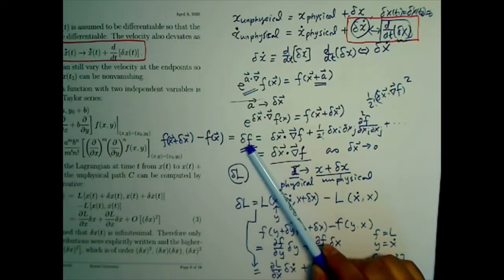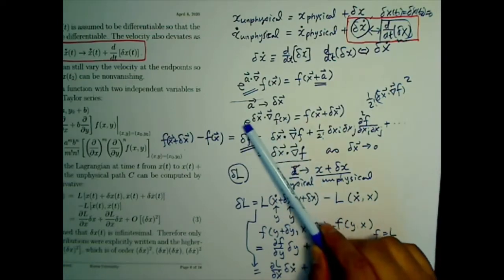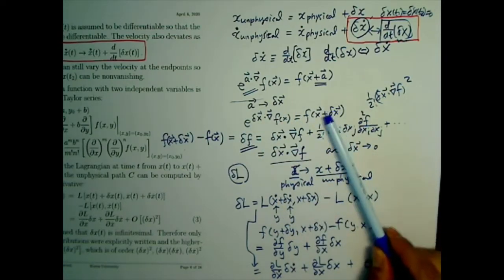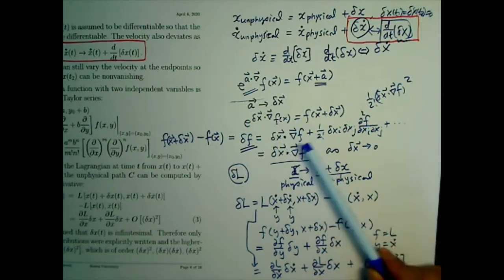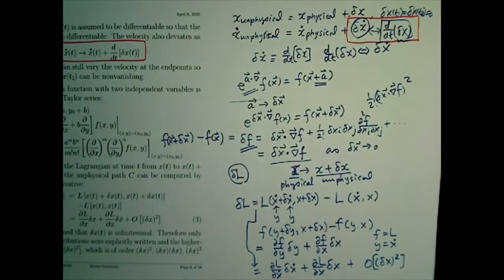That variation of the function can be made with this formula. The leading contribution is delta x dot gradient f, and the second contribution is 1 over 2 factorial (delta x dot gradient) f squared, and so on. In the limit delta goes to 0, we do not have to consider the square contribution at leading order. So the linear contribution will be considered now.